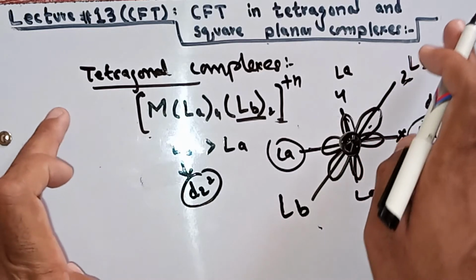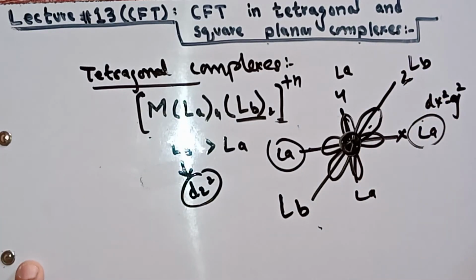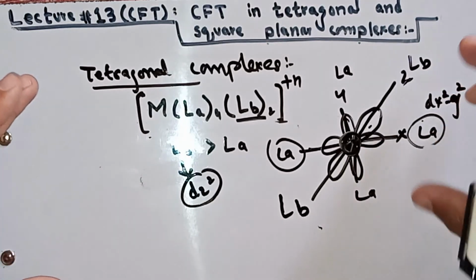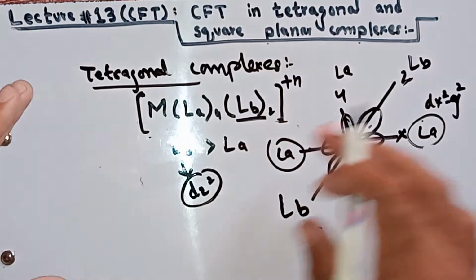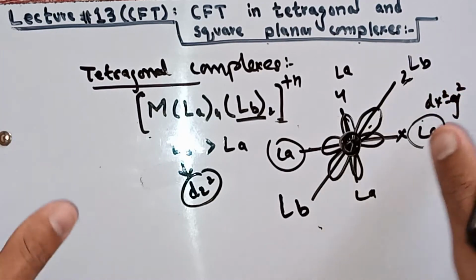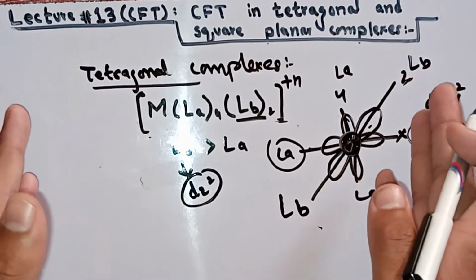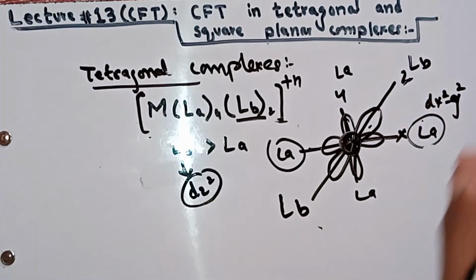Suppose there is one ligand, another ligand, another ligand, and another ligand here, with the central metal in the center. When these four ligands are weaker, they cannot interact effectively, so they are away from the central metal atom.